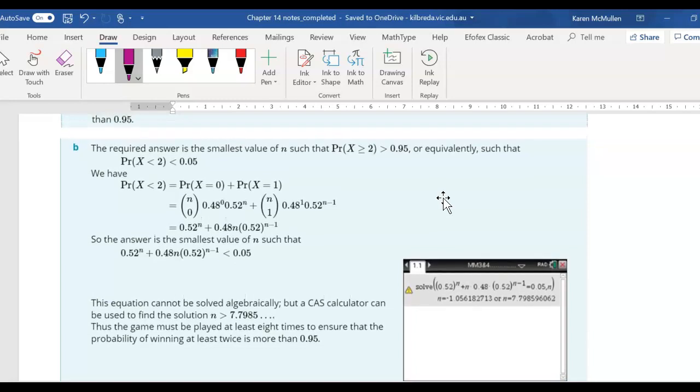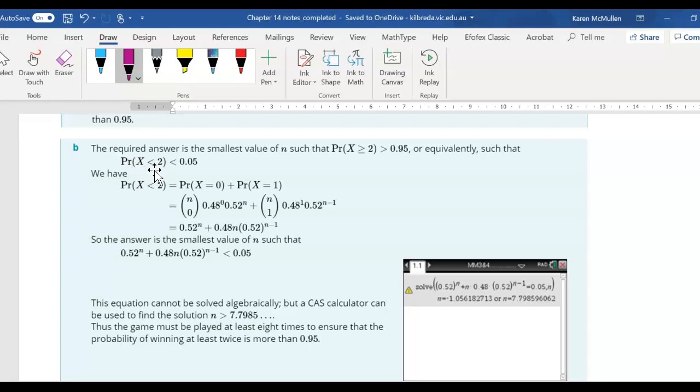So in question B, we're setting up the equation the same way. We want x to be greater than or equal to 2, but when we're solving, we can say, all right, let's look at what we don't want, and we don't want anything less than 2.